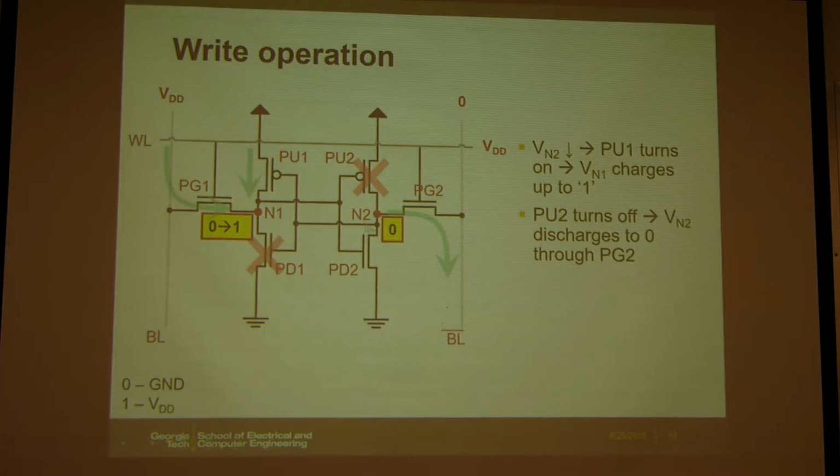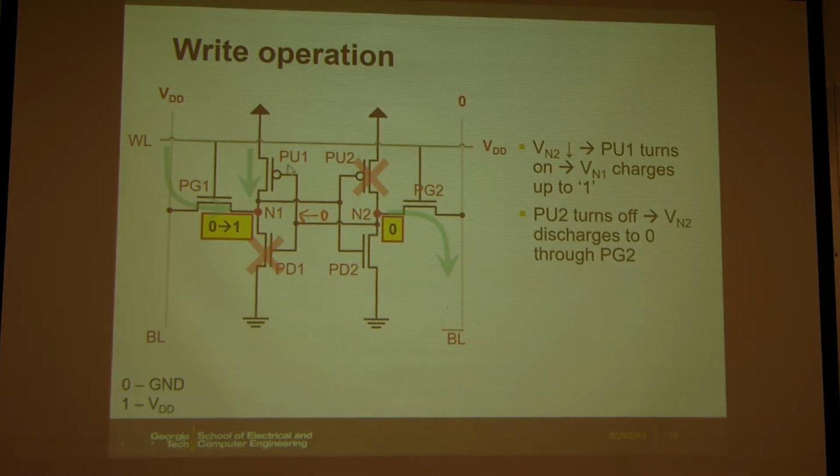Now, if the N2 node is pulled down first to be 0, you look at this. This N2 node is the gate to the PU1 and PD1. So this becomes 0. Then the PD1, an NMOS, will become off.